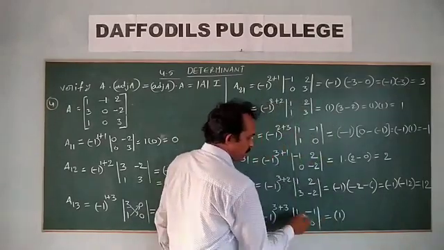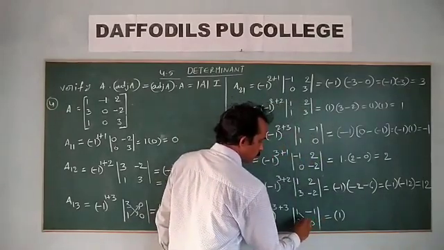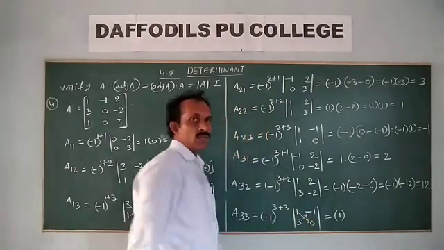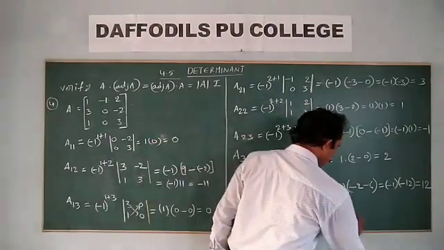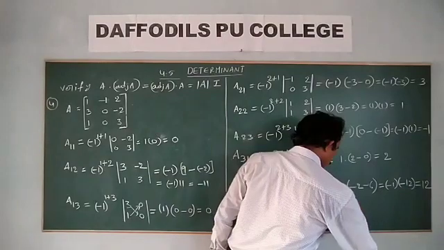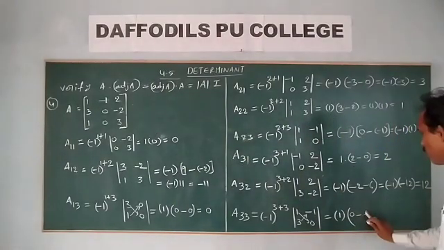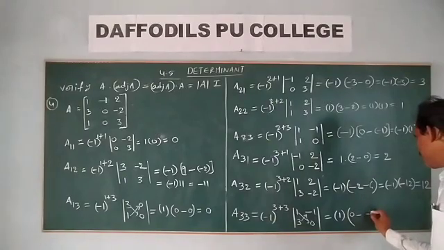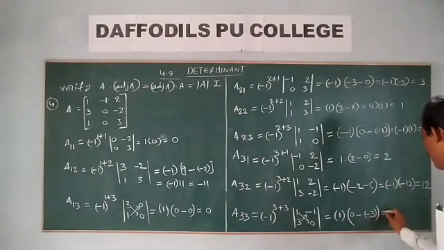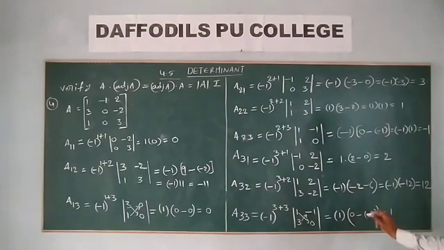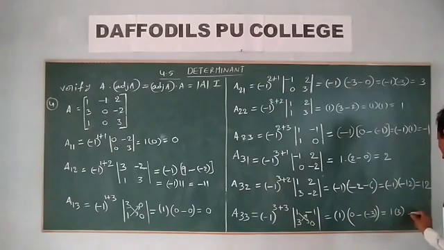Then 1 into 0, 0, minus 1 into 3, minus 3, so minus into minus gives plus 3. Finally this value is equal to 3.